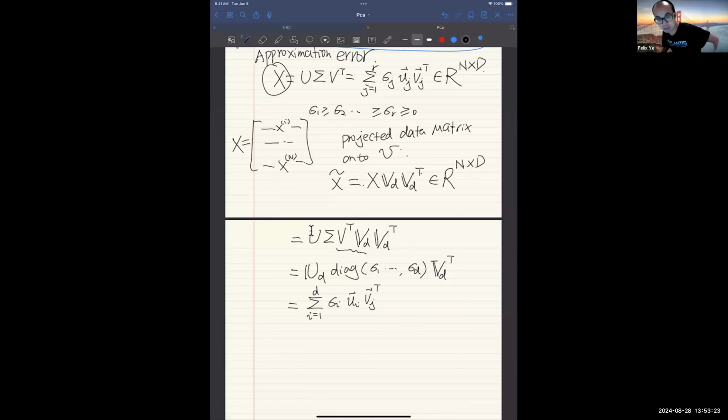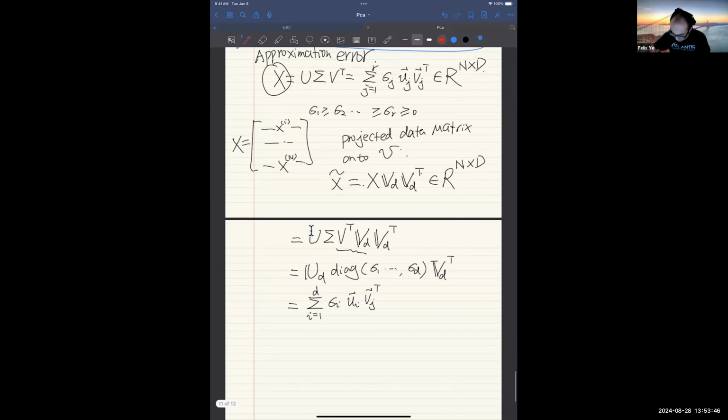So what this is doing, if we want to extract things and compress the data, is basically extracting the D most significant components of X and throwing away everything else. You have seen that in the first week of the lecture.